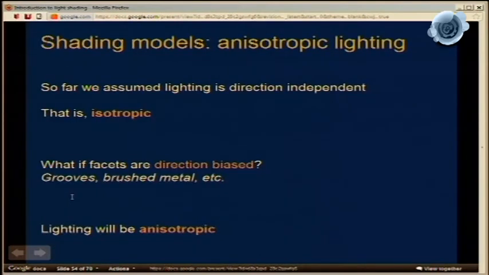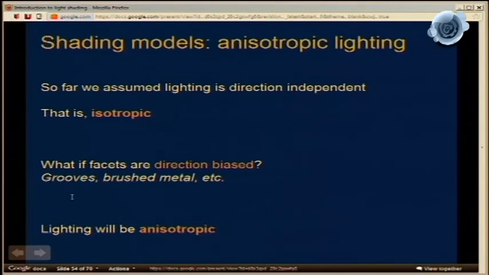So far we've seen models that assume the lighting to be direction independent. So you take your object and turn it around, and it doesn't really change anything, which means it has an isotropic behavior.